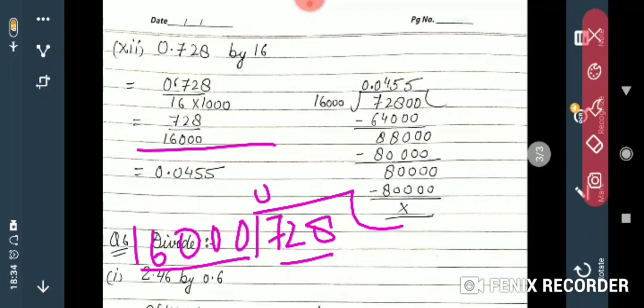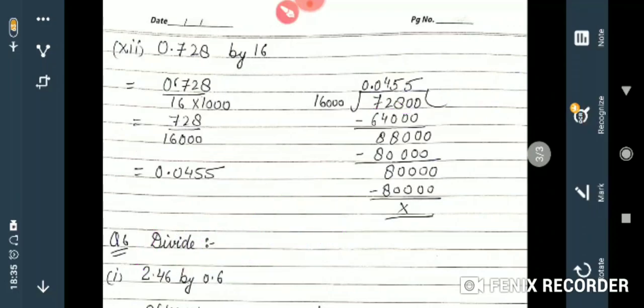So what you will do? You will put a point, you will add 1 0. Again smaller. Then you will add 0 and you will increase here 0. As I have done here. Yes, this 0 was increased by the point. Again I have put 0 and I have increased the 0. So 16,000. Now just see 5 digits and 5 digits. Now easily we can divide.